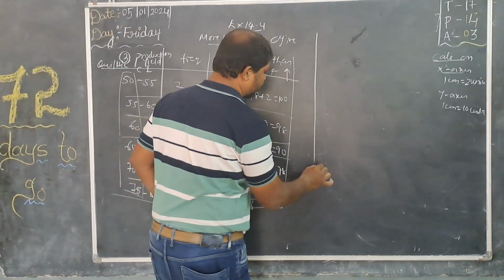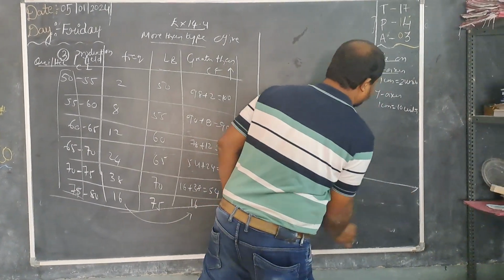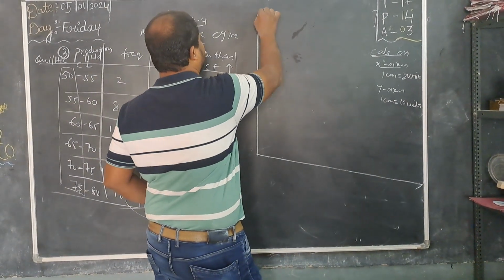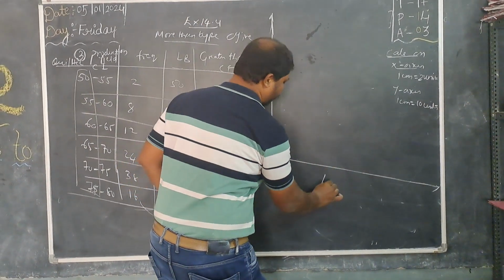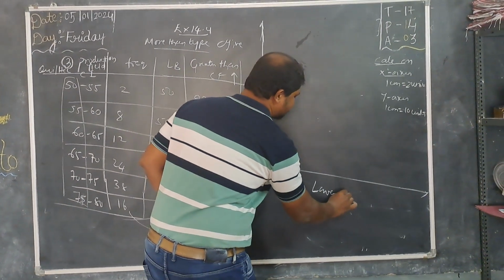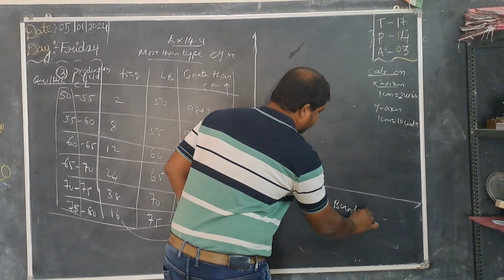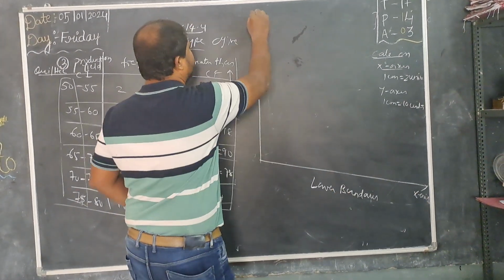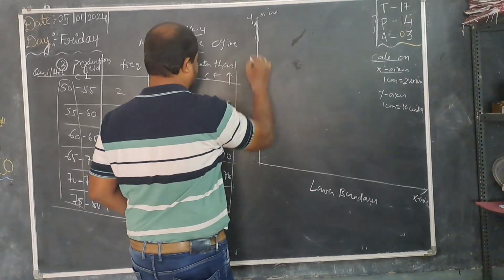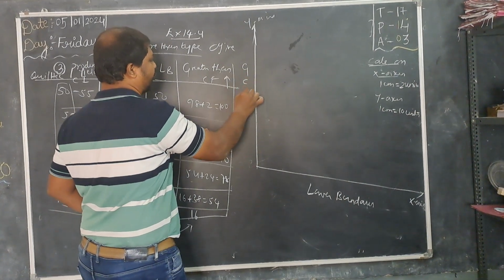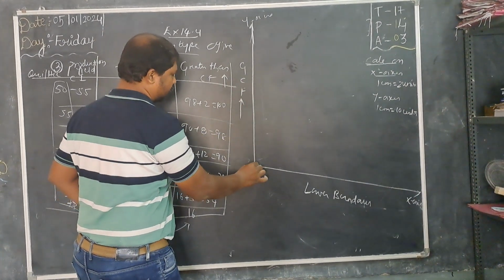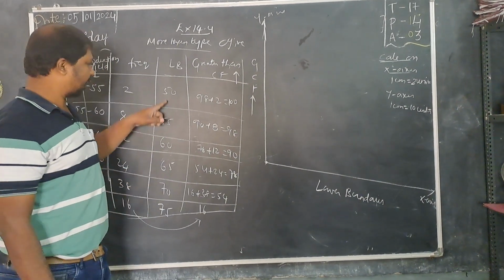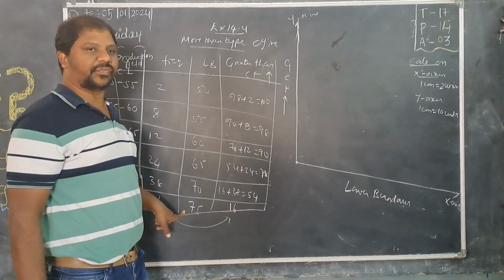Now you have to draw the graph by considering lower boundaries on x-axis. Lower boundaries are taken on x-axis and greater than cumulative frequencies on y-axis. The graph is starting from 50 on x-axis up to 75.